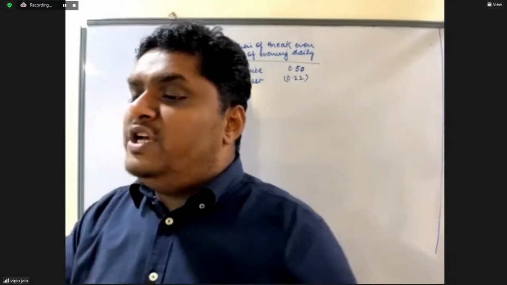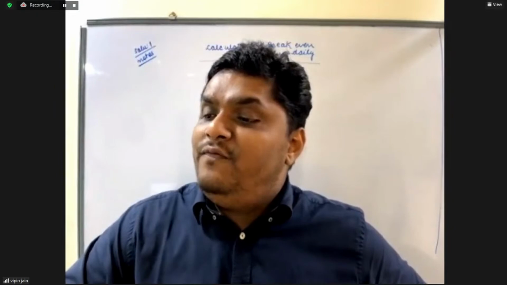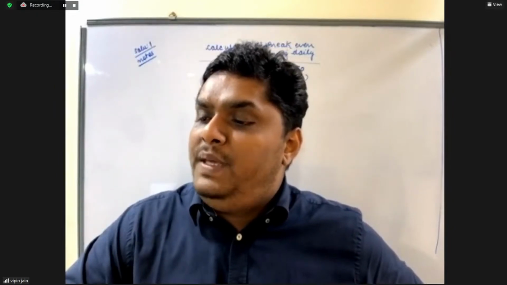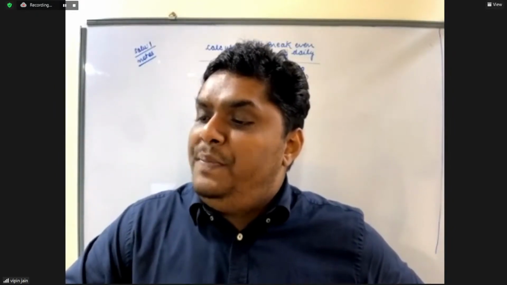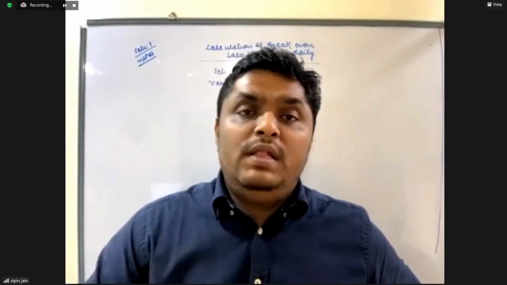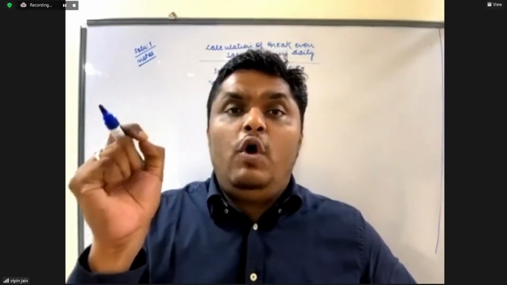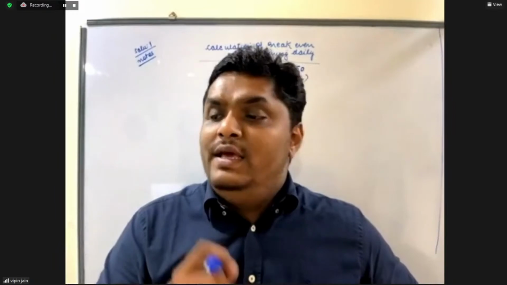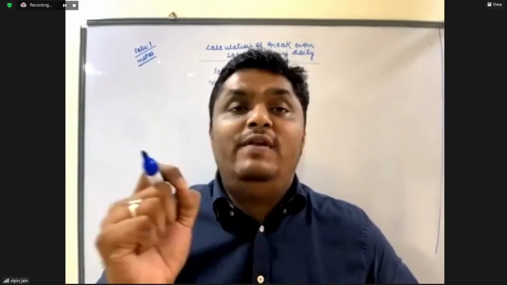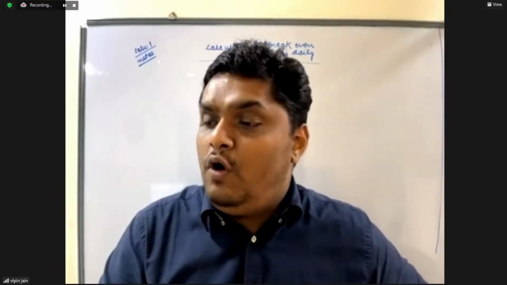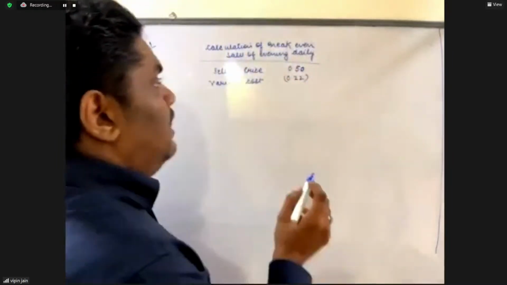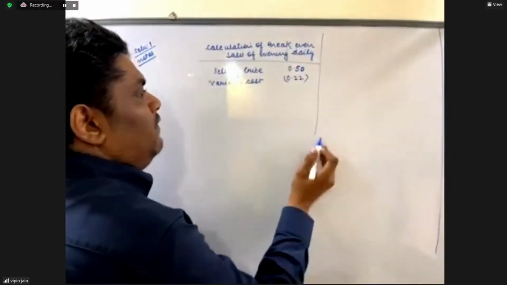Now here in this question, it is given that the sales of morning daily will fall at the rate of 1 copy for every 10 copies sold of evening daily. It means that for every 10 copies sold of evening daily, the sale of morning daily will fall by one copy. So herein the opportunity cost is also involved.